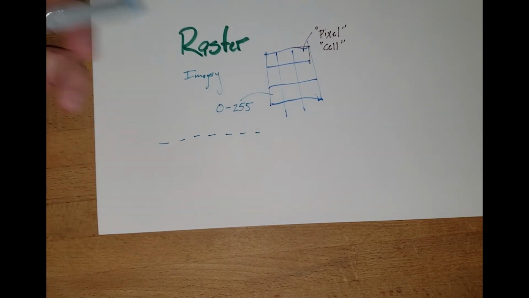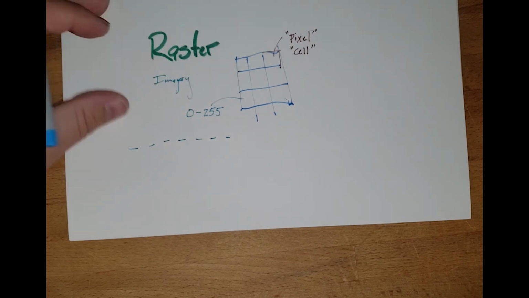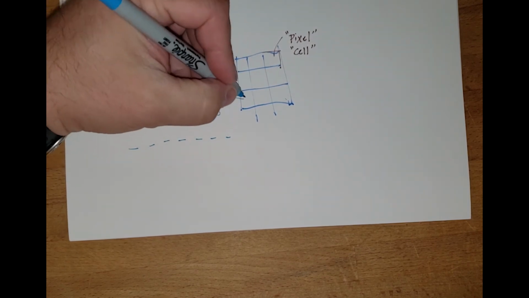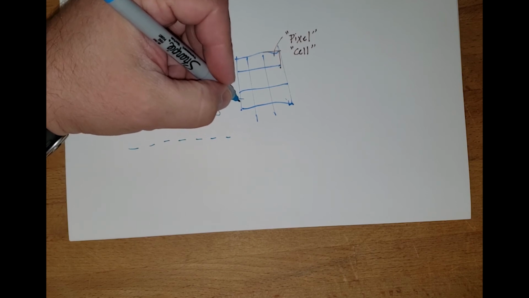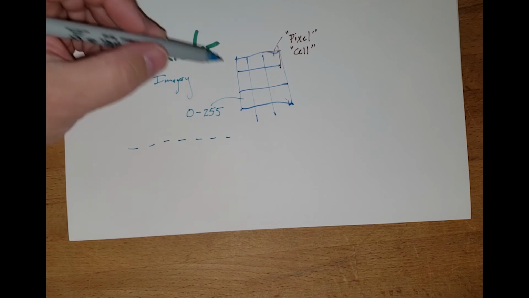Much more detailed than what we actually need to get to, but an image can have a value between 0 and 255. And that's going to be either a very high value or a very low value, right? So if we're thinking about a black and white photo, there's going to be some areas that are very light or very dark.